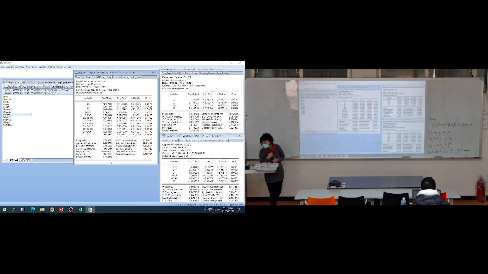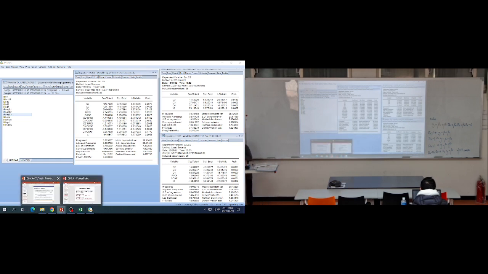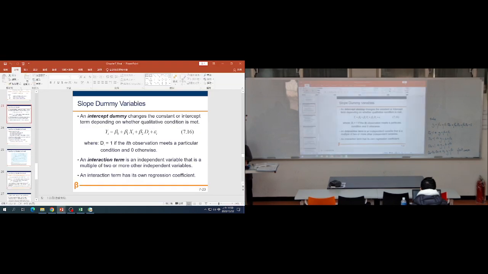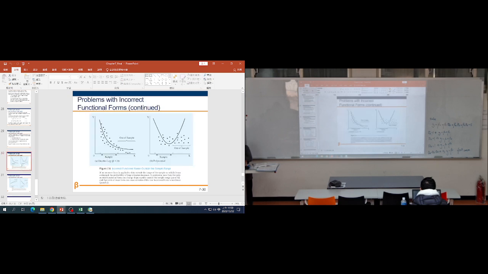Let me see whether I have it in this output in here. Okay, I have the diagram.